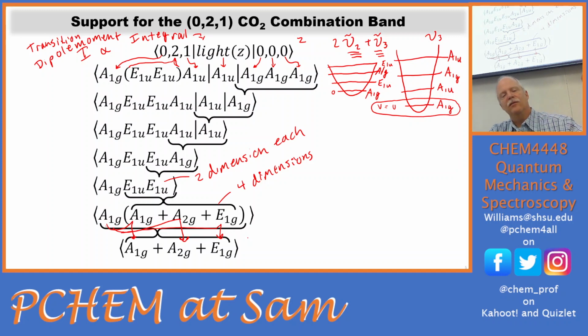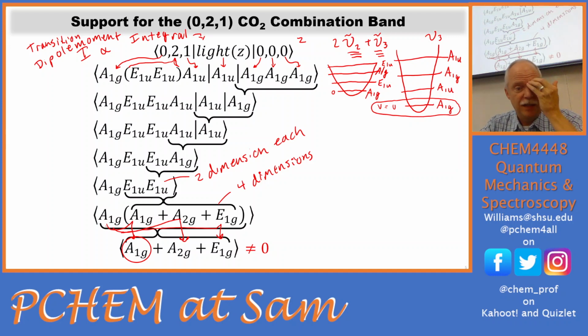So this is the integrand inside that Dirac notation. So this is an integral of 3 terms. It's a sum. And one of those terms is going to be non-zero. So that term that is A1G makes this non-zero, which means that this is an allowed combination band, which is a good thing because we see it in the spectrum. If this is not allowed, we've made a mistake because it's clearly allowed.